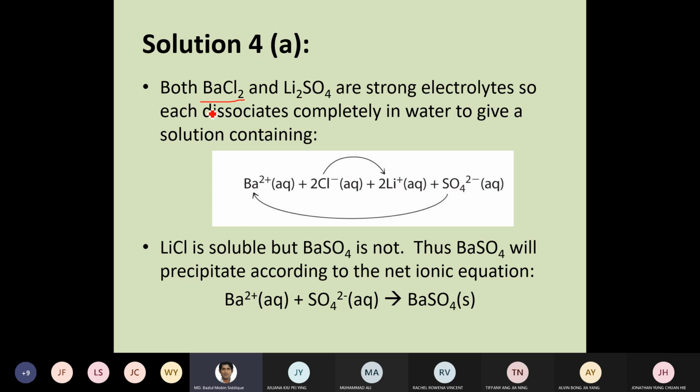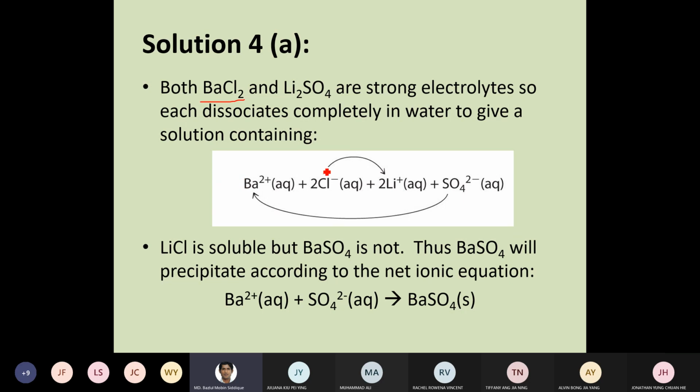Lithium sulfate is also soluble. That we see from the table. We looked at that lithium, potassium, sodium, all of them are soluble, right? So they are strong electrolytes and each dissociates completely in water to give a solution.